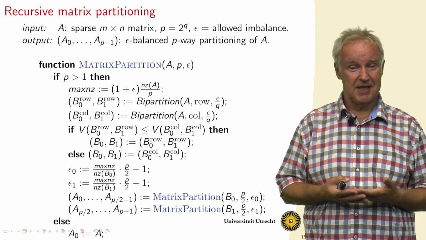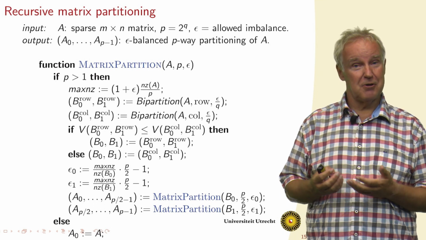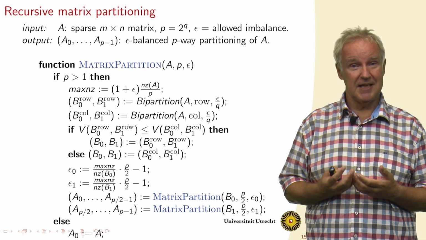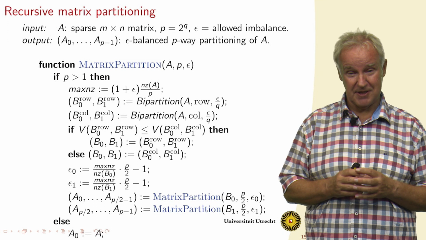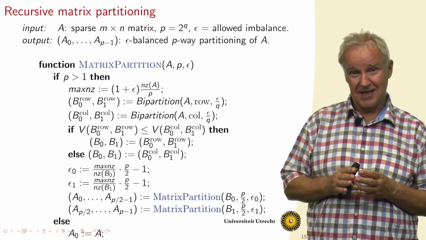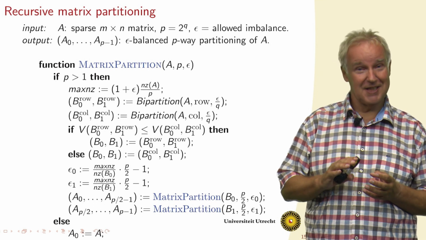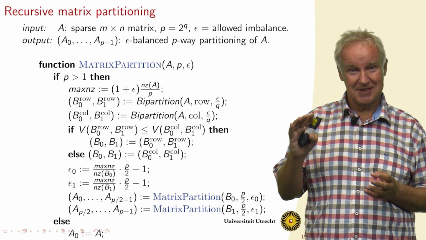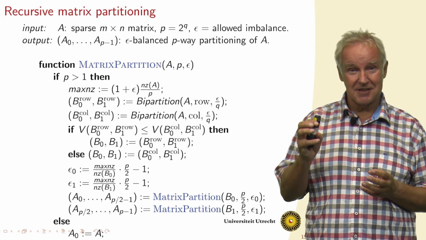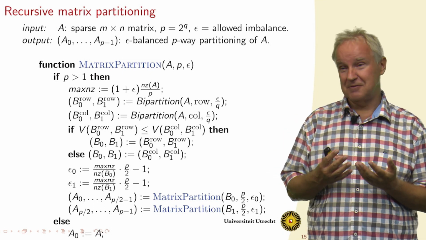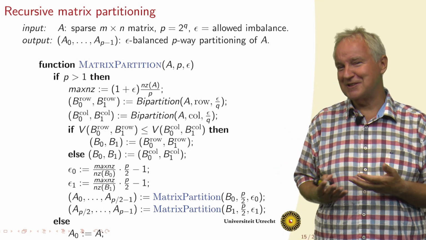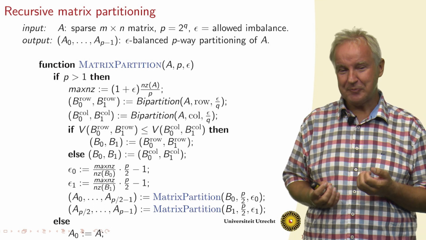And then we can split those 2 matrices again, but we adjust the value of the imbalance parameter, because the one that lost, basically got the most non-zeros, has to have a tighter imbalance in the future than the one who gained, in the sense of having the least non-zeros.